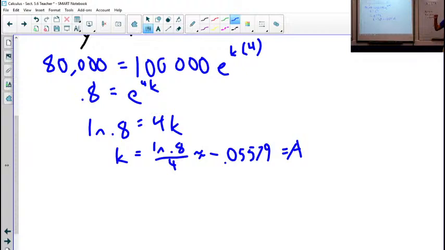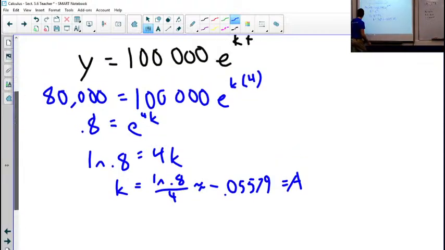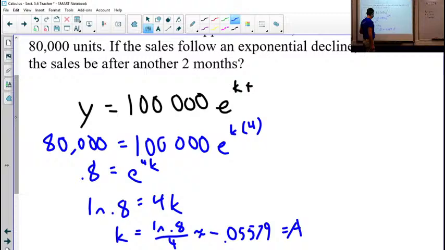So I don't have to keep putting the big long decimal in my work. Does that make sense? So when I go to plug in, instead of K, I'm going to put A to stand for that big long decimal.